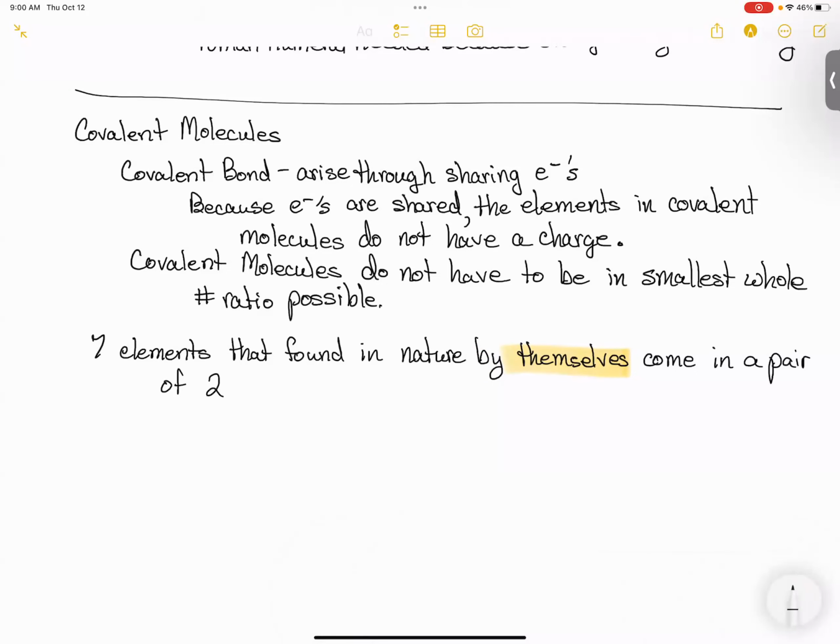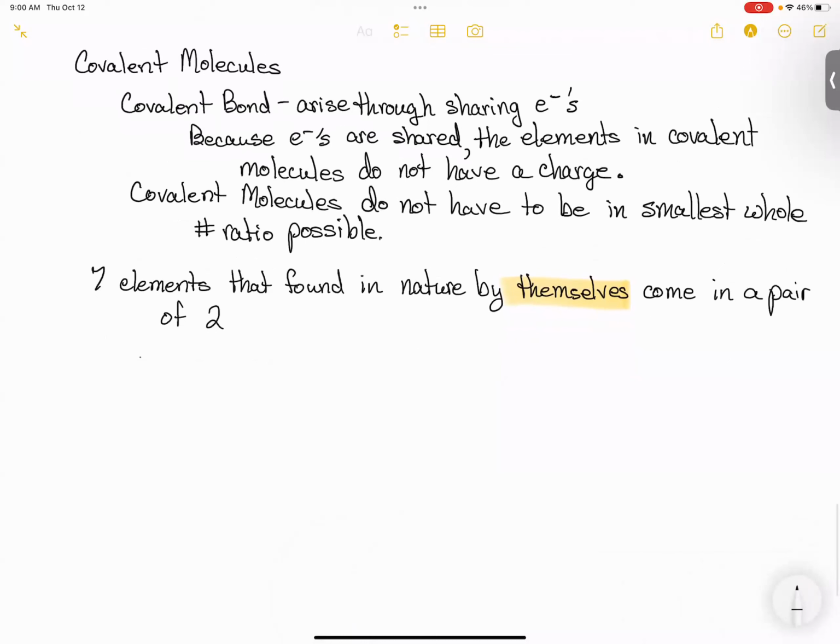There are 2 ways to memorize who the 7 are.